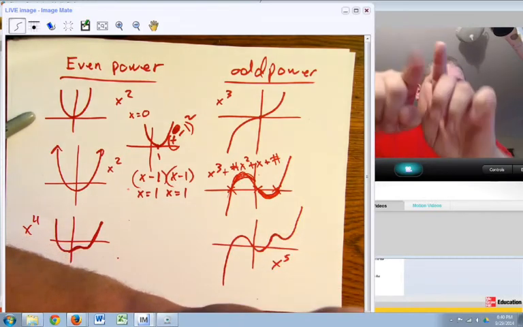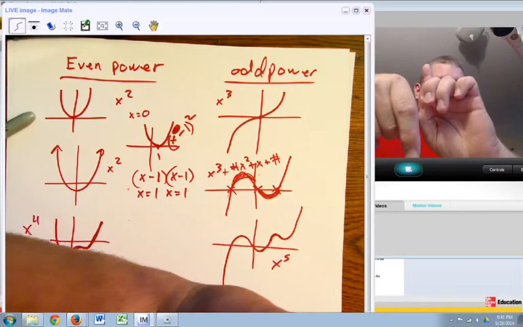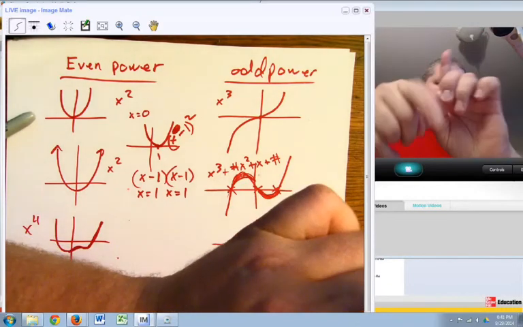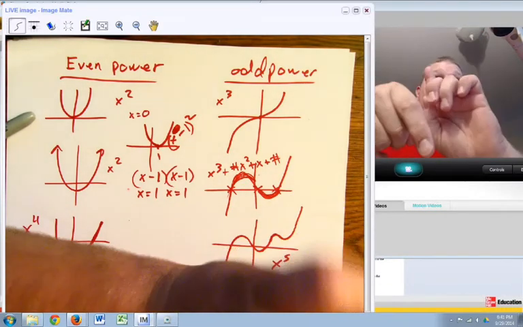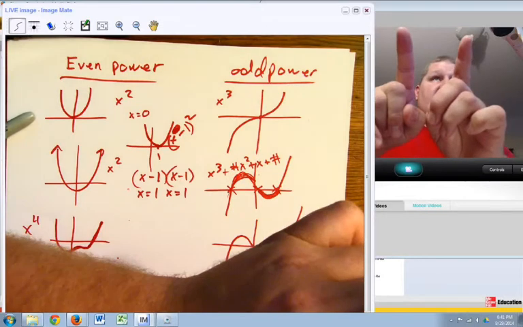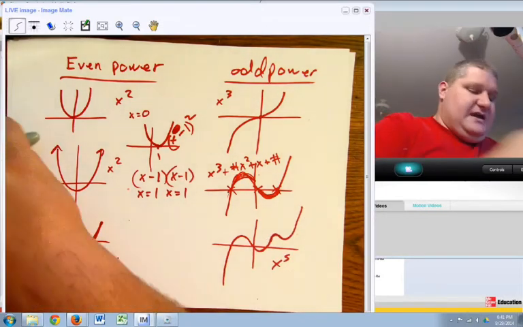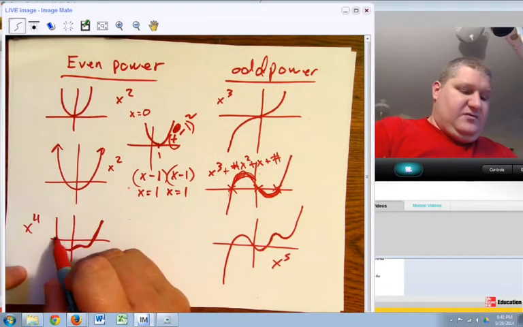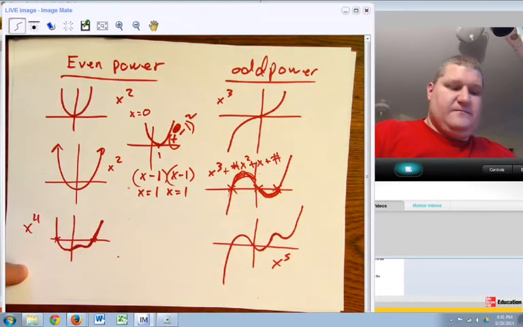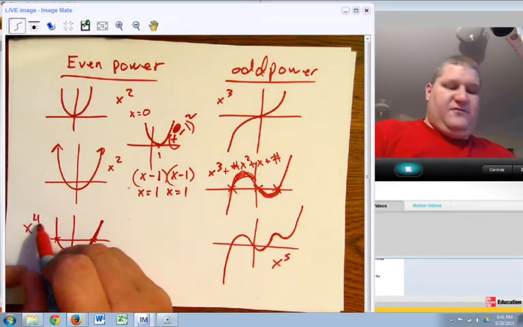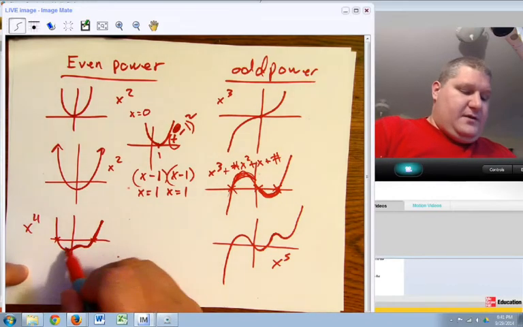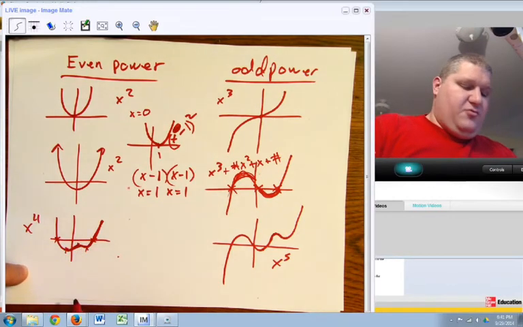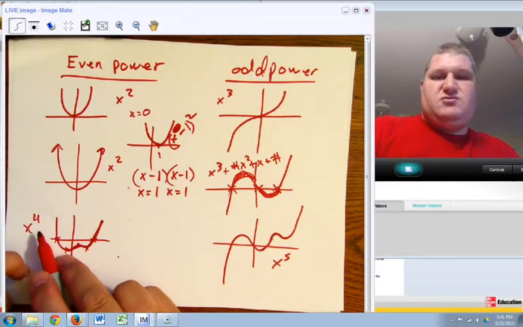Okay, so if I have squared, cubed, fourth, fifth, sixth, seventh, eighth. So in this case, even function of 4, you'll notice I have 2 solutions, but remember I could have up to 4 with 1, 2, 3 turning points. 3 turning points because it's 1 less than 4.